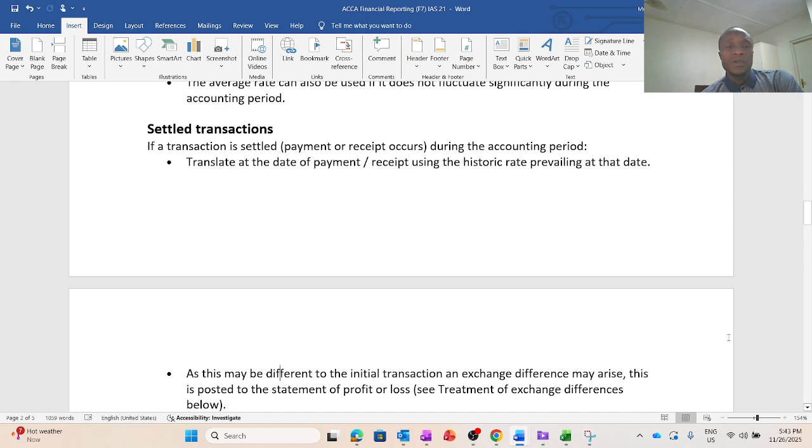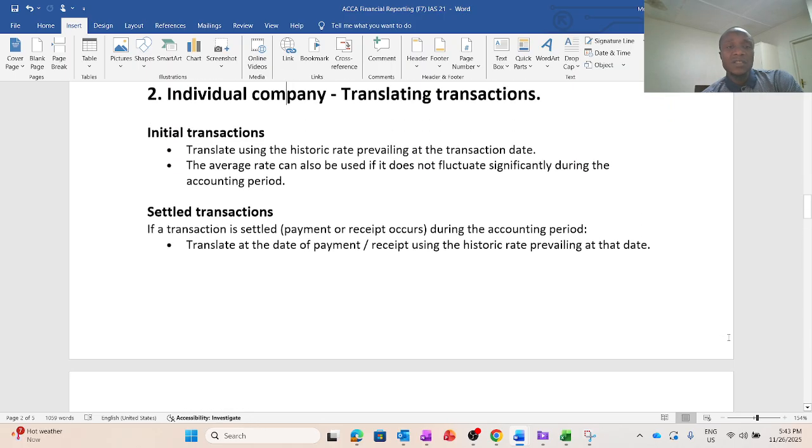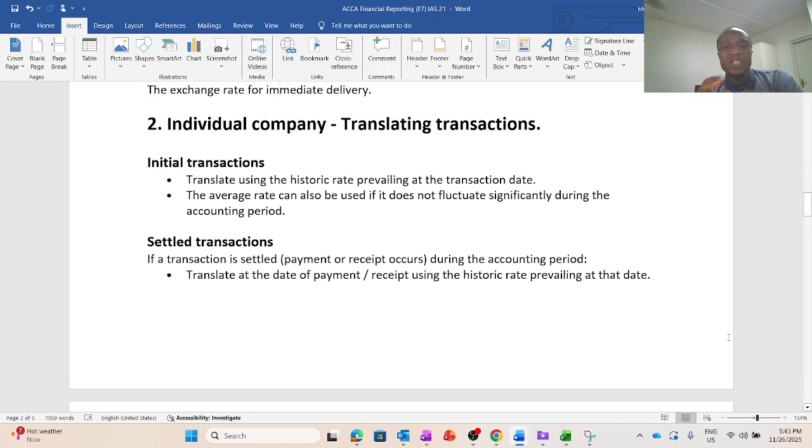So now, let's look at how we can account for an individual company, as the group structure is out of the scope of financial reporting. We can go through the individual company, how we can understand the concept of IAS 21, and how we can account for transactions within an individual company.